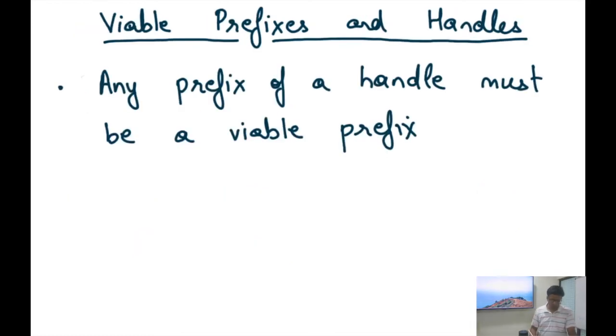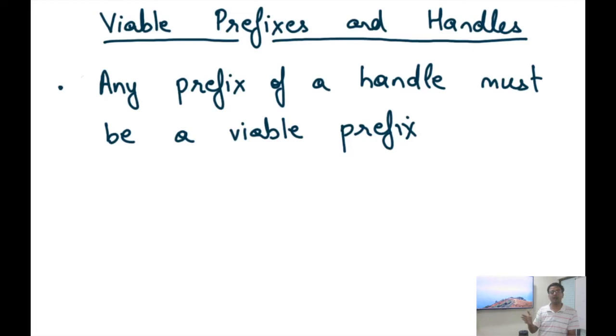Okay, so let's look at viable prefixes and handles. Any prefix of a handle must be a viable prefix. That is just by definition, because a handle is something that appears as a derivation step during the rightmost derivation. And similarly in the reverse path, it's a reduction step.